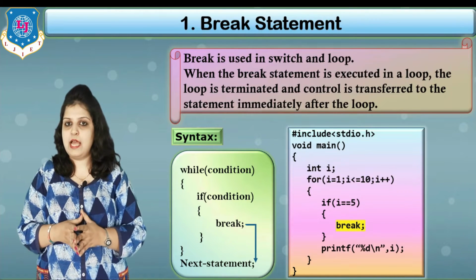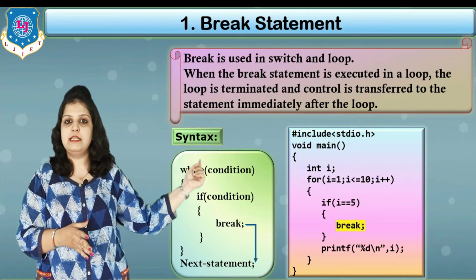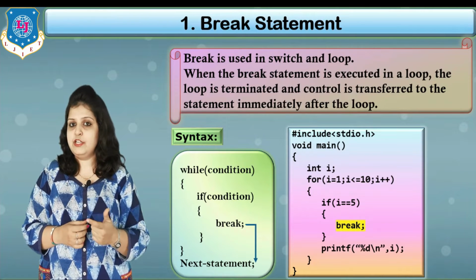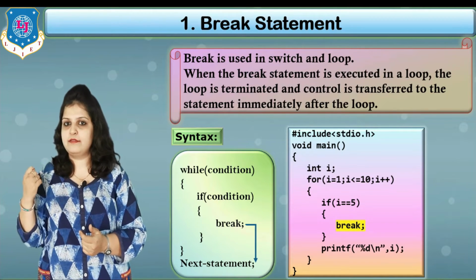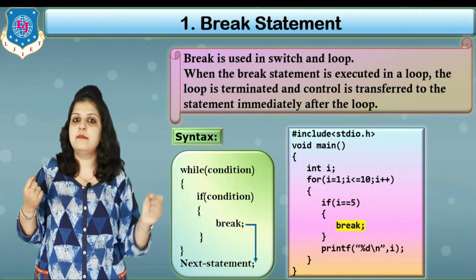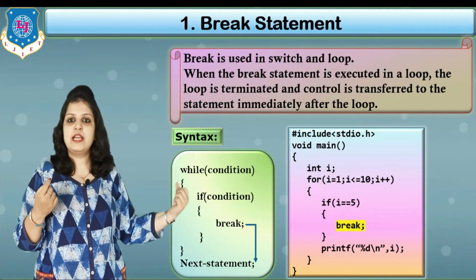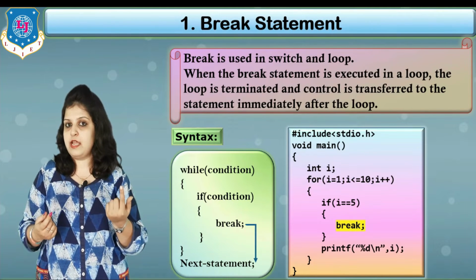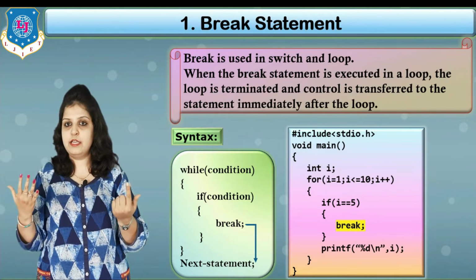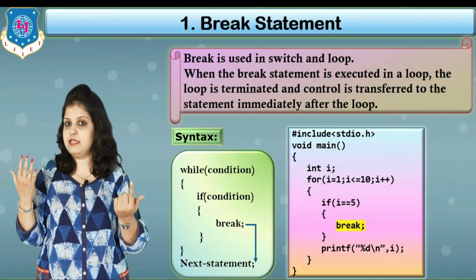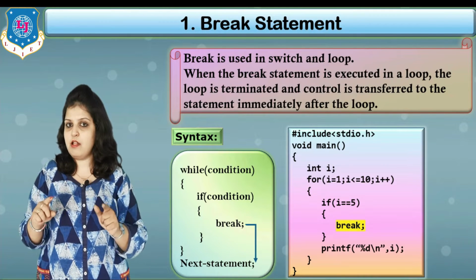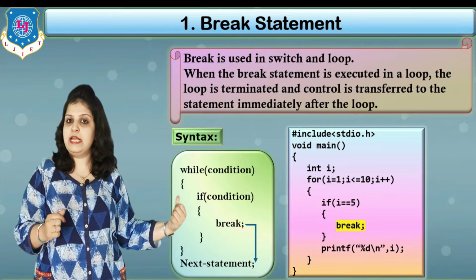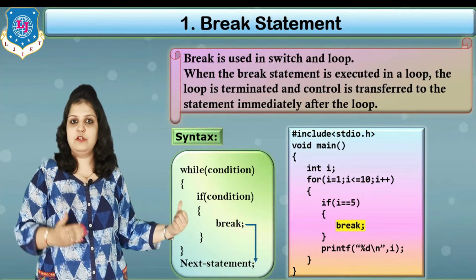Now how will it execute? First i is equal to 1, check the condition, 1 less than or equal to 10, yes, so come inside the for loop. Check the first condition, i is equal to 5, but our current i value is 1, so 1 is equal to 5, condition false, so break will not execute and the next statement will execute.